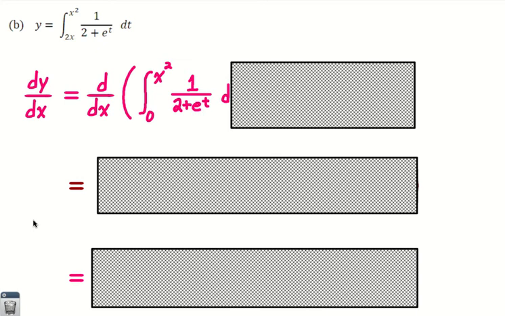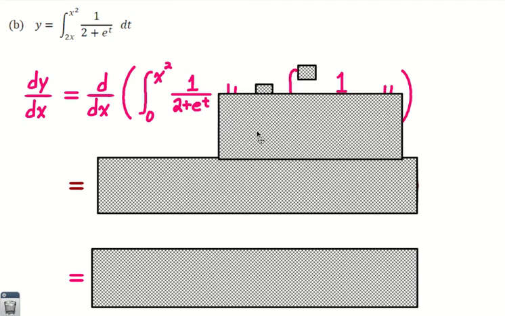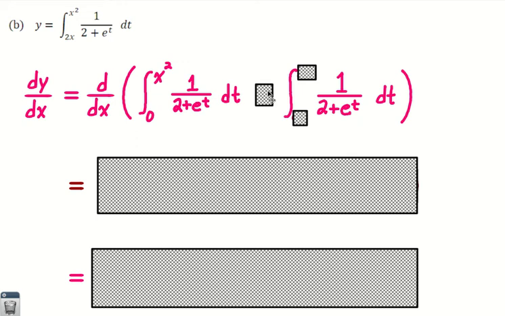Flip it so that it's not 2x to 0, that it's 0 to 2x. So I'm going to do all of that at once, and since we're going to flip it from 0 to 2x, now I'm going to make that integral negative and essentially do this integral minus this integral.